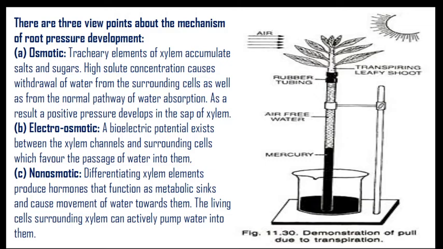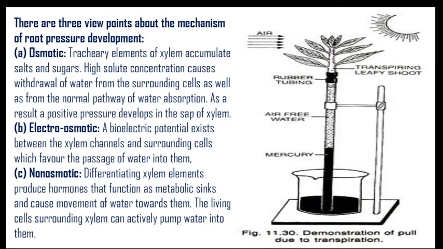So the salt and sugar water, which is the sap, is expelled out at the time of transpiration, resulting in a positive pressure development in the sap of the xylem. So the osmotic pressure is a positive pressure.